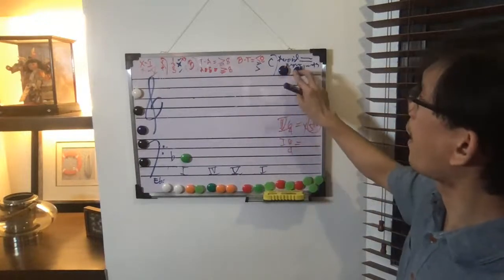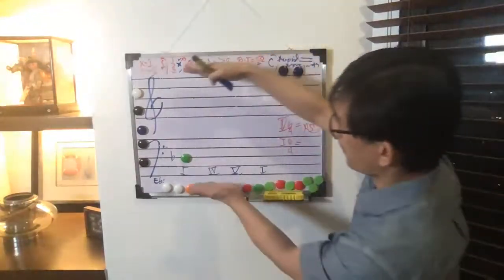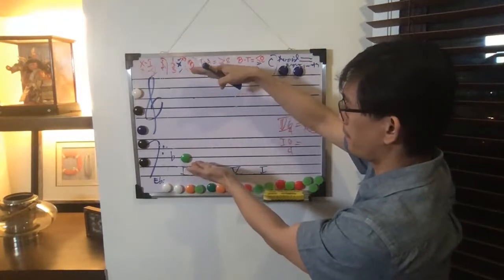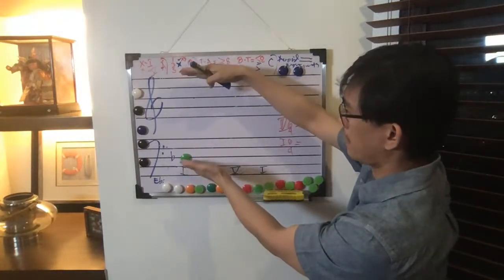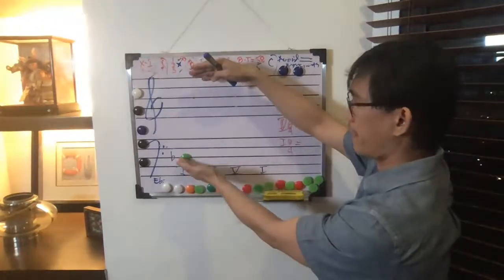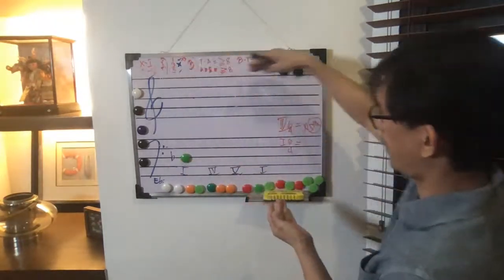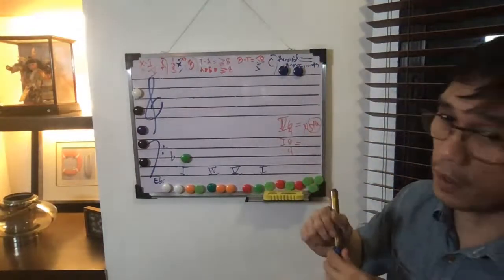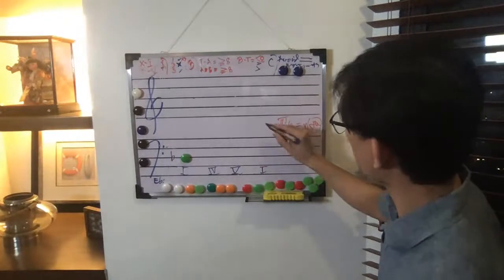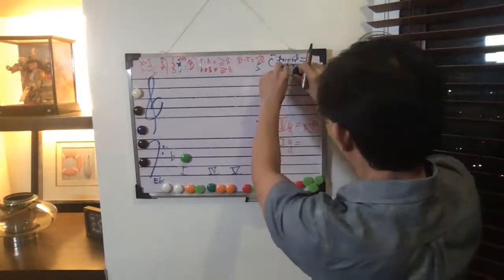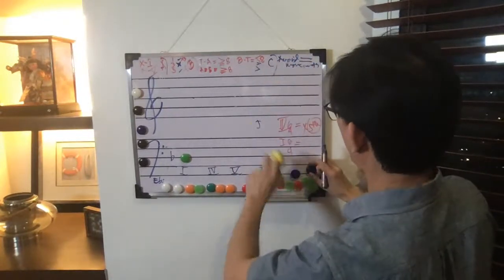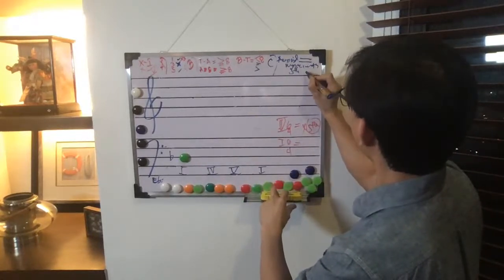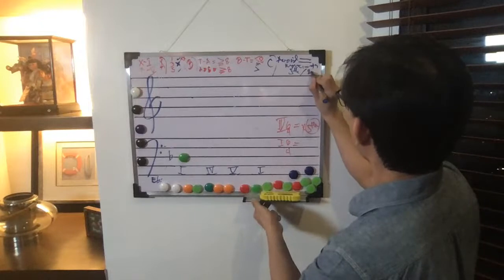And then C, avoid parallel movements, especially when you're dealing with the outer voices. Outer voices are the bass line and the soprano line. And then avoid parallel movements also when you're dealing with fifths. So no parallel fifths and no parallel octaves.